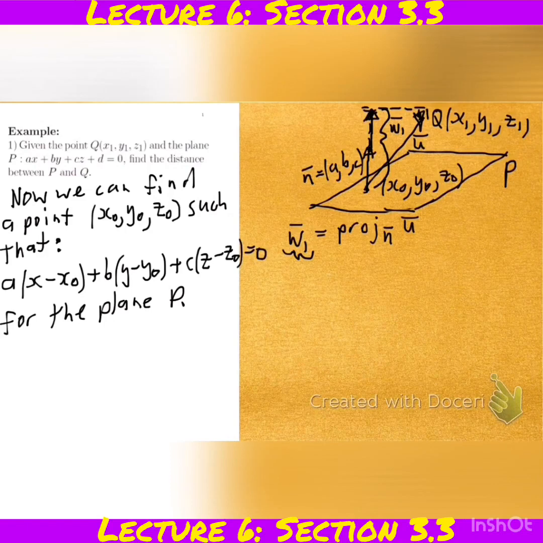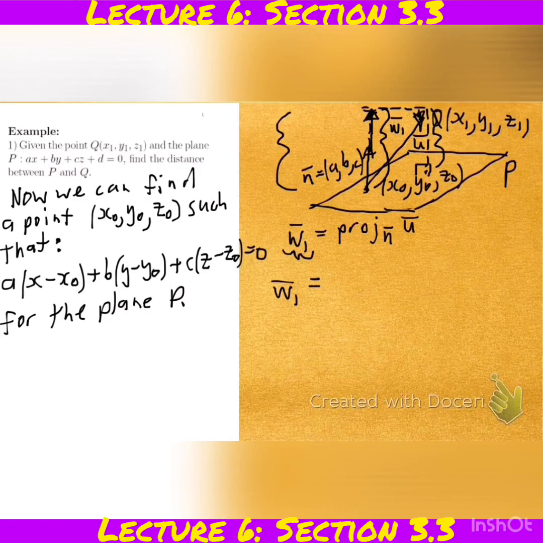If you go down there onto the plane, that is the distance I'm looking at, and that distance is the same as the norm of W1. So that is essentially the vector that I'm actually looking at. So what is W1 actually equal to? Remember, we said W1 is the vector.